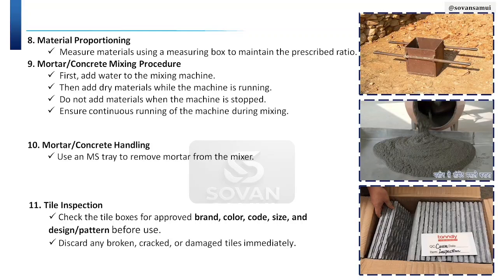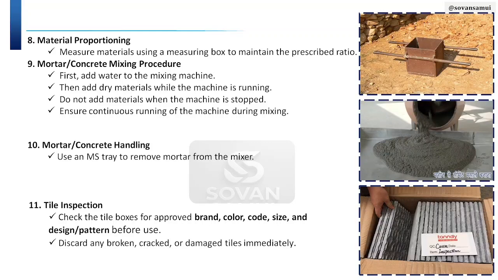Okay, next we add raw dry material into the water in the machine and check the mortar consistency. If water is required, then we should add, otherwise not. And ensure the machine is continuously running, not in a stopped condition. Okay, so this is the right mixing procedure, how to mix the mortar.